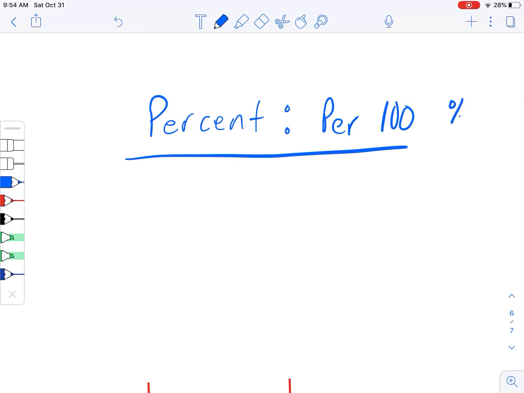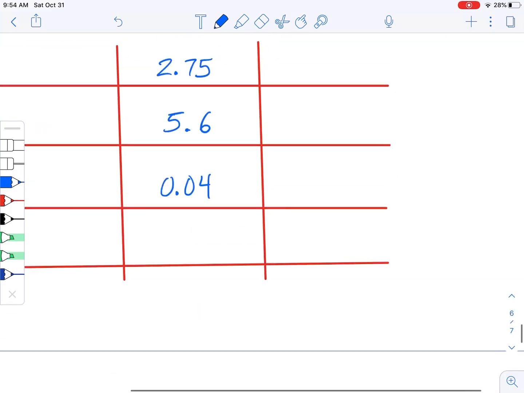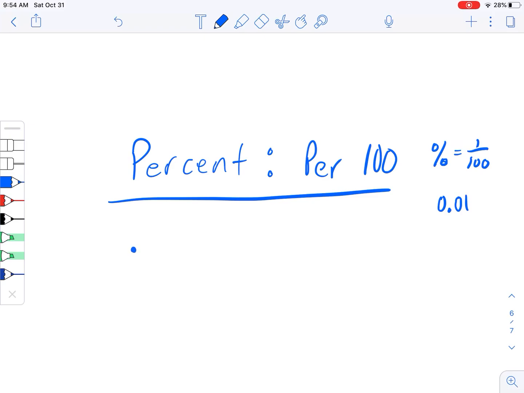So when you see this percentage sign, that actually has a numerical value. That means 1 over 100, or in decimal form, 0.01, or 1/100th. So if you have a decimal of 0.75, how do you turn that into a percent?